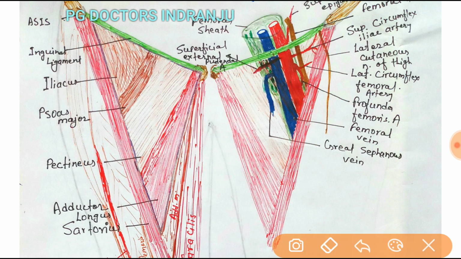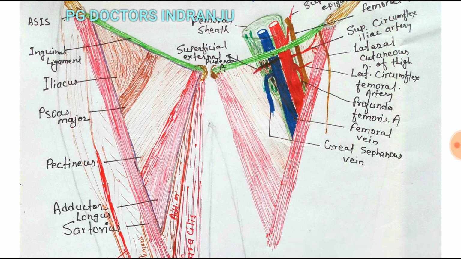In the femoral sheath, these are the lymph nodes. After that, this bluish structure is called the femoral vein, and a branch of the femoral vein, the great saphenous vein, enters the sheath.